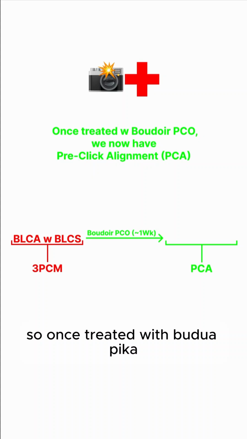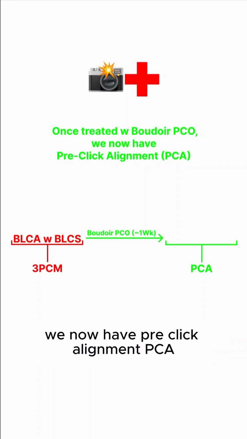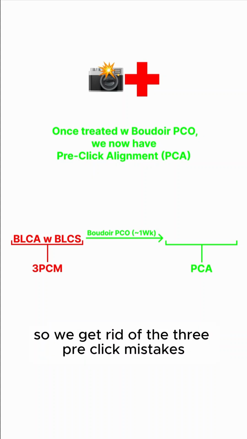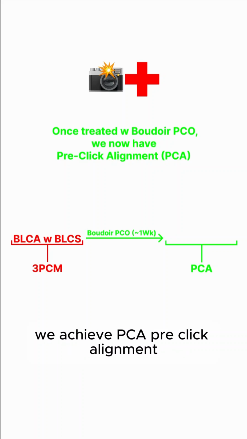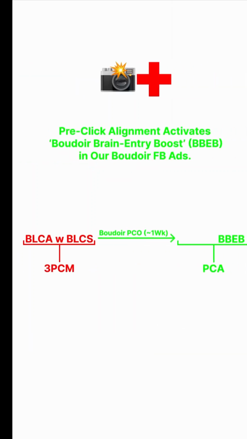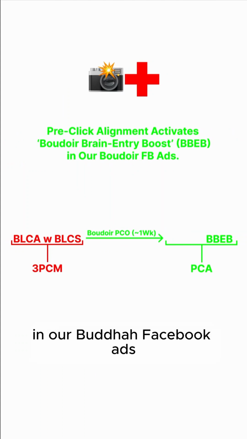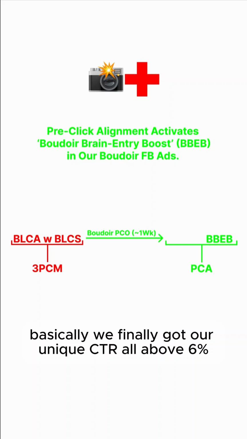Once treated with Boudoir Pico, we now have pre-click alignment, PCA. We get rid of the 3 pre-click mistakes and achieve pre-click alignment. Pre-click alignment activates Boudoir brain entry boost in our Boudoir Facebook ads. Basically, we finally get our unique CTR above 6%.